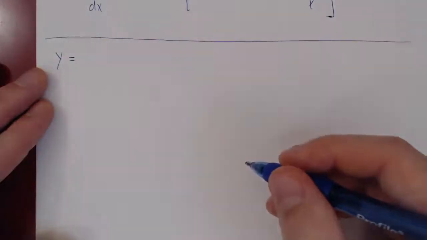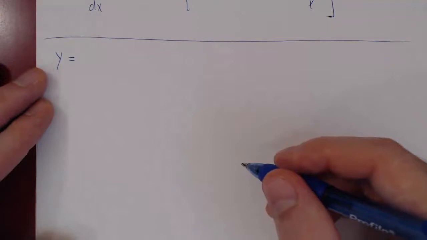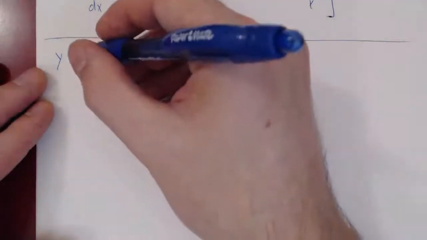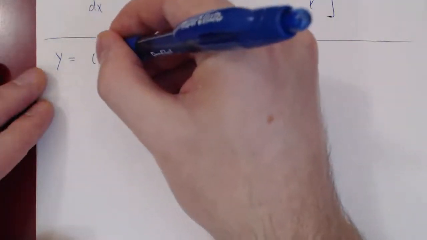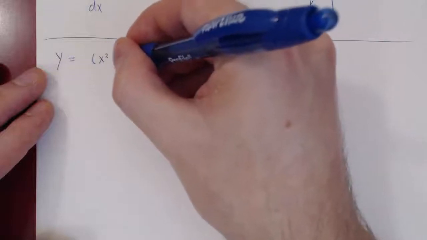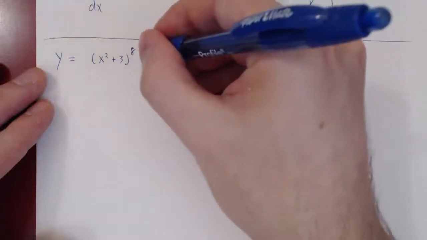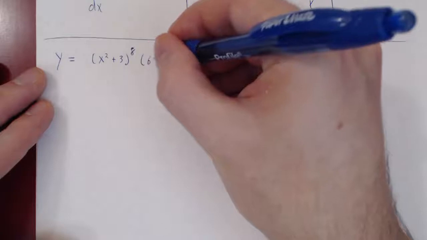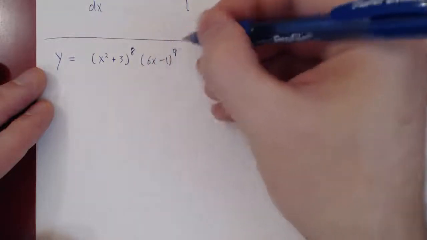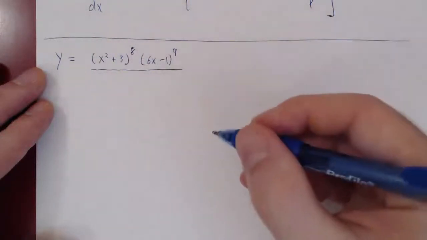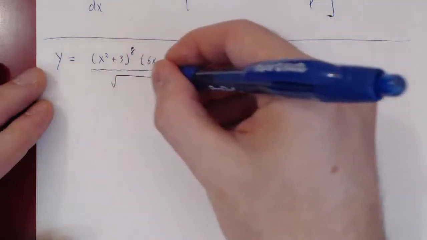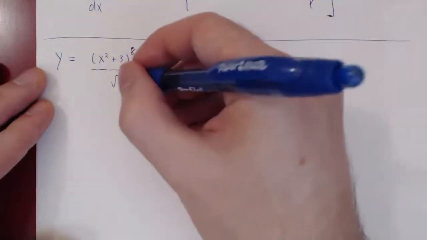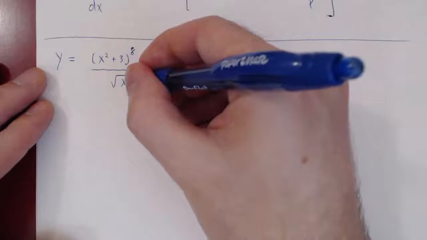So y equals, and I'll give you a rather unpleasant quotient. So what if I say x squared plus 3 to the power of 8 times 6x minus 1 to the power of 9 over the square root, say, of x plus 2.